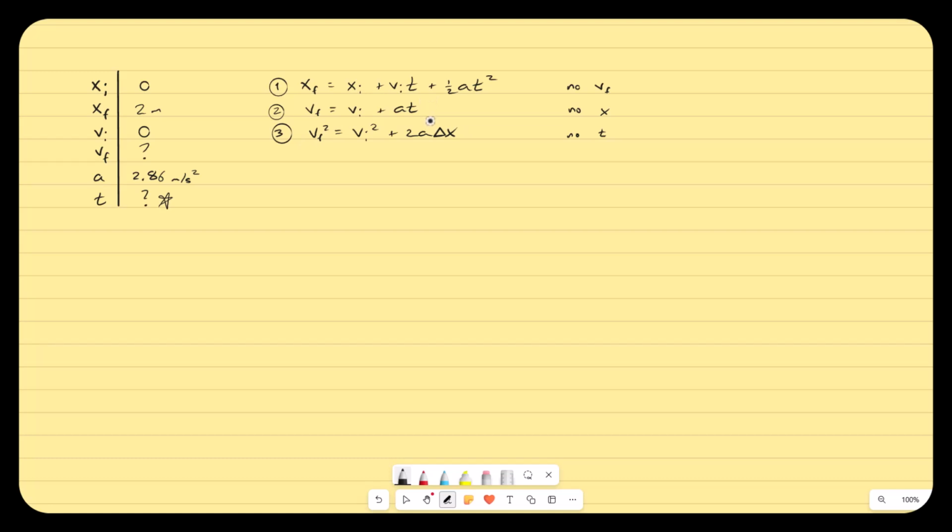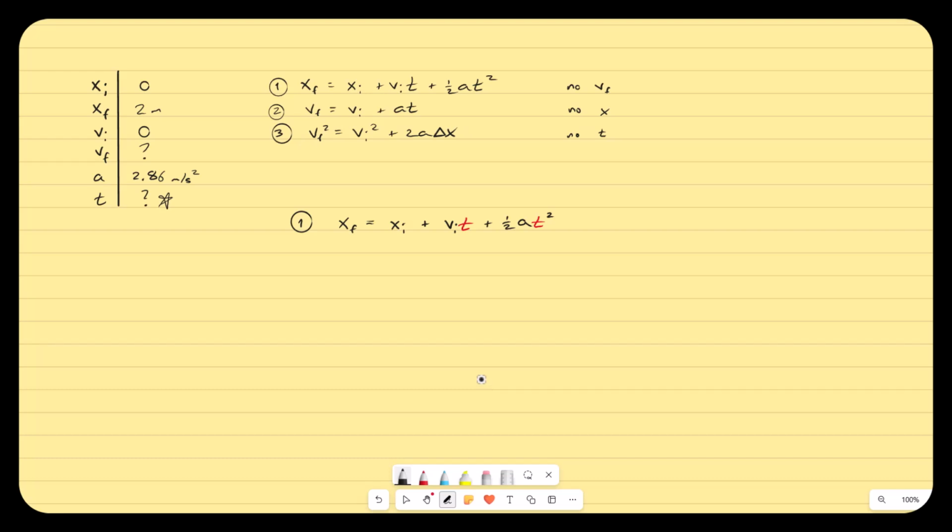Equation 2 requires me to know V final, and I don't have that, so I'm going to use equation 1. X final is X initial plus V initial times T plus half A T squared.